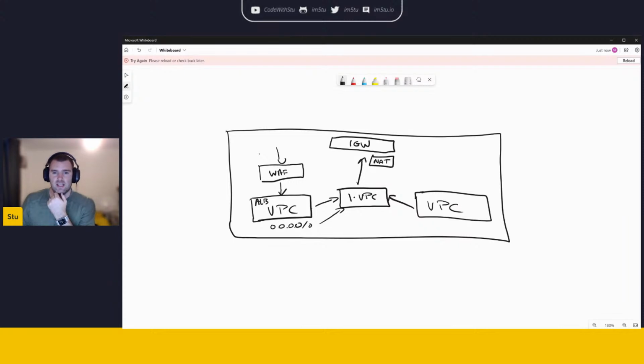And again, that's likely to be in some kind of inspection VPC where your network administrators have control over that, and they can block certain bots and stuff like that coming in.